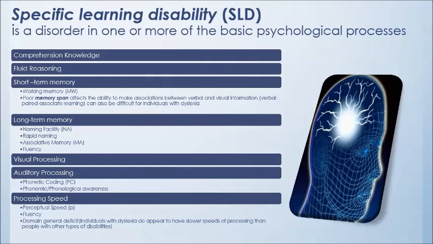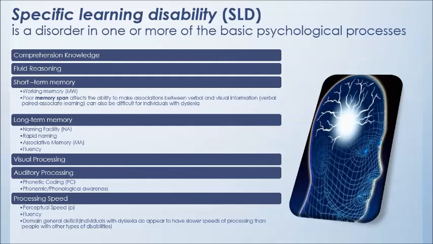Let's go ahead and discuss those, and we start off with comprehension knowledge, known as your crystallized knowledge, which refers to a person's knowledge base that has been accumulated over time. It involves knowledge of one's culture as well as verbal or language-based knowledge that has been developed during general life experiences and formal schooling. Basically, this ability entails more of your culture, your knowledge-based abilities.